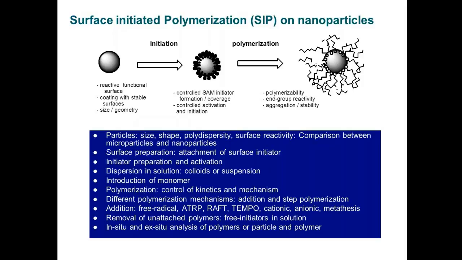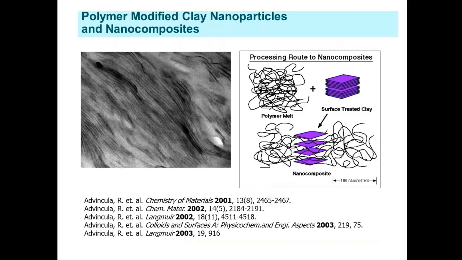For example, a lot of work we've done is based on modifying clay particles, nanoparticles, either montmorillonite, bentonite, hectorite, or laponite clays. Of course, the oil and gas industry is very familiar with bentonite, different types of clays that are used for modifying the viscosity of drilling fluids, different types of additives for completion fluids, as well as midstream applications.